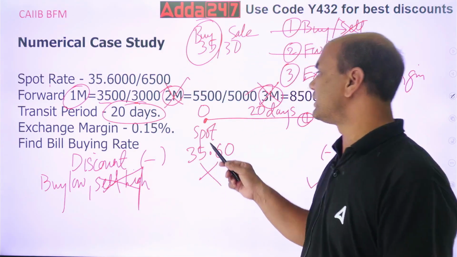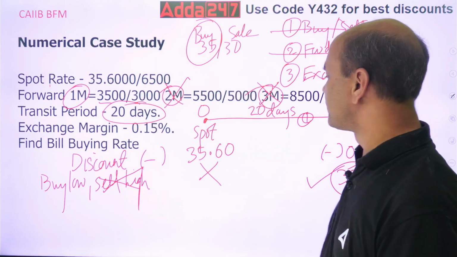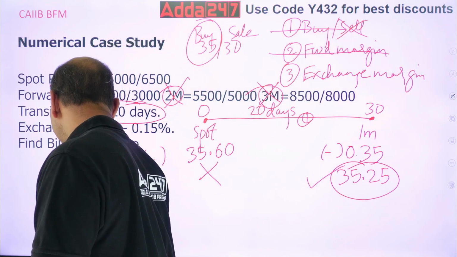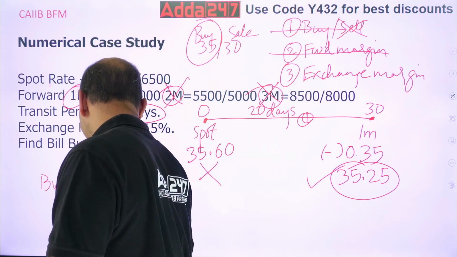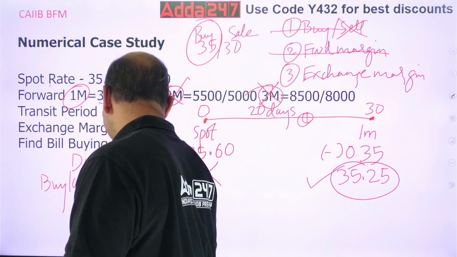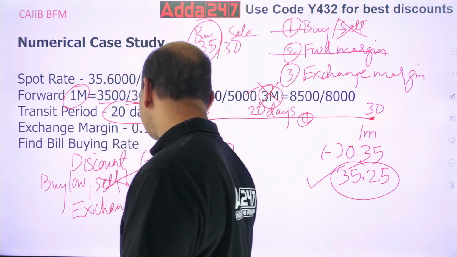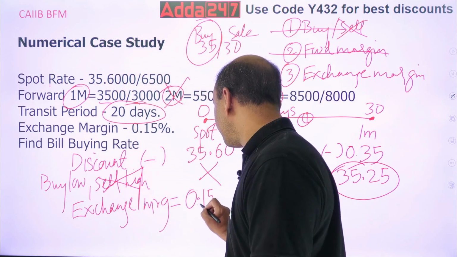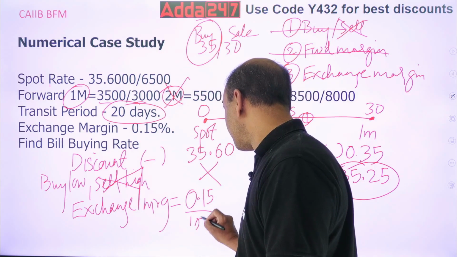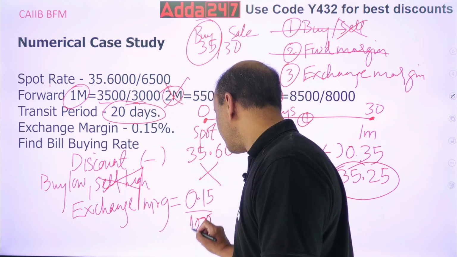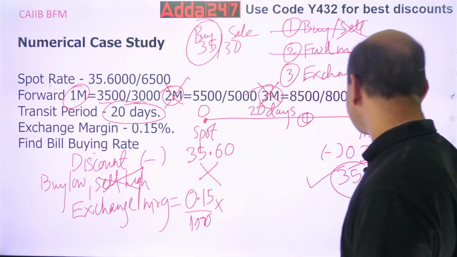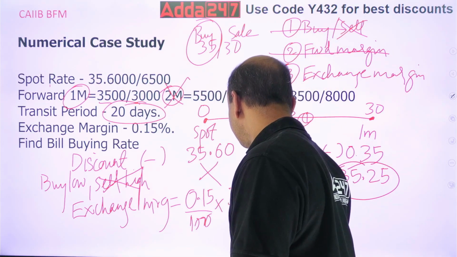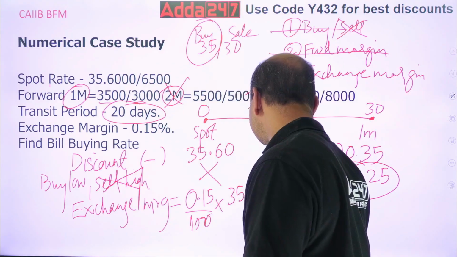For finding the exchange margin, look at this. Exchange margin, MRG, equals 0.15 upon 100 into the latest rate, 35.25. So what is the answer now?